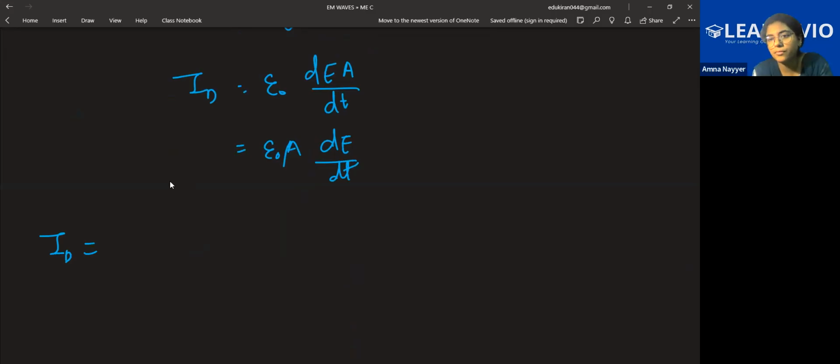Yes. So ID will be equal to, yes, what is the value of epsilon naught, Sufyan? 8.85 into 10 raised to 12. How much, Sufyan? What is the value? 8.85 into 10 to the power 12.